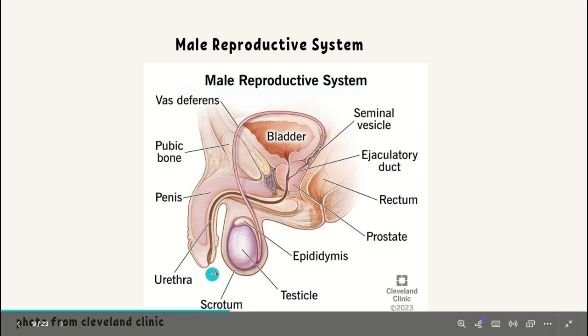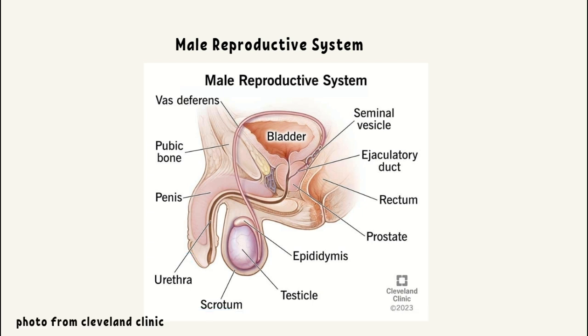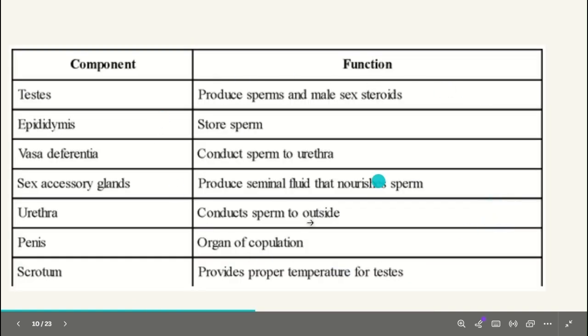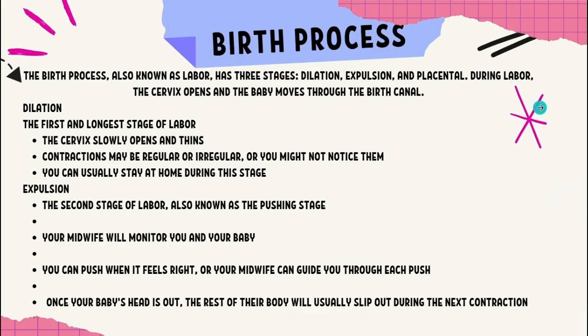Then the scrotum is just a sack of skin that holds the testes and helps to regulate their temperature. And then this is pretty much self-explanatory. It's basically the opening where urine and semen pass through the penis. So basically those are the functions, and now the birth process.